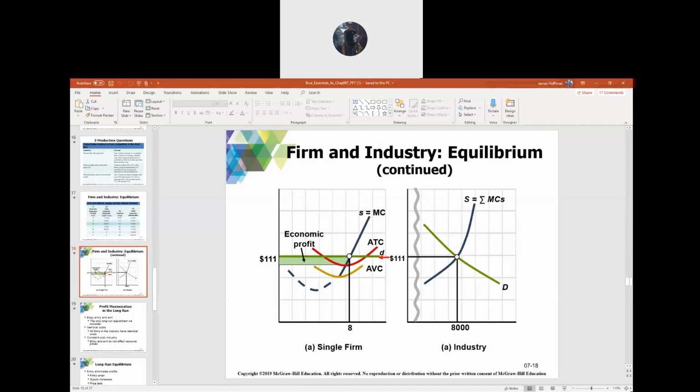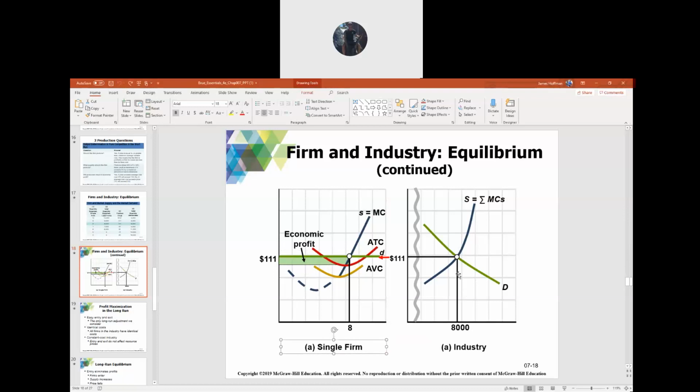Okay. All right. So the whole analysis we just went through was situations for one individual firm, a single firm. So would the single firm produce and make a profit? Would the single firm produce and minimize losses, or would the single firm shut down? So this panel is for the single firm.